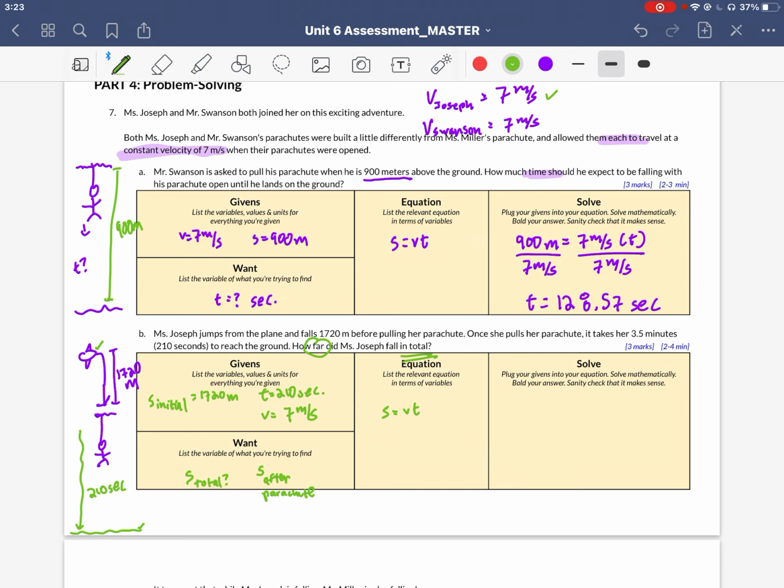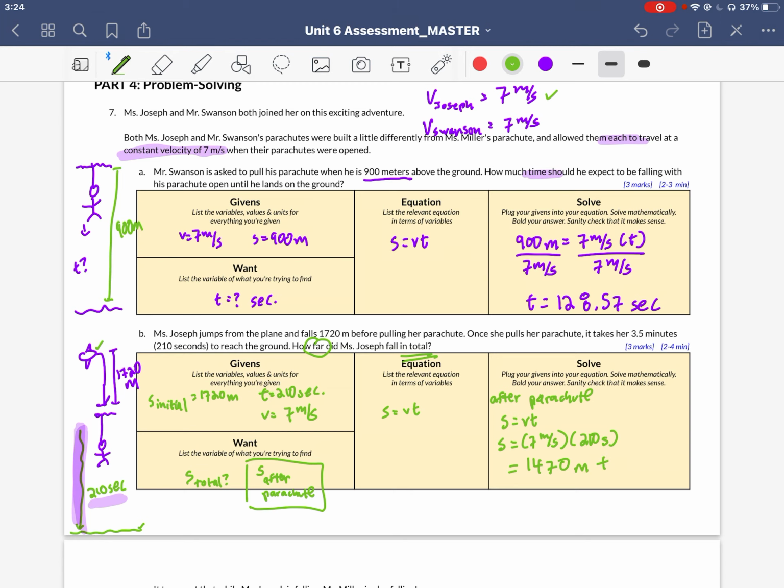All right, S equals VT. That's still what we're working with. So I'm going to solve for only after the parachute. I'm going to find this distance here. So I know it took 210 seconds. I'm trying to find this distance. S equals 7 meters per second times 210 seconds. 7 times 210 gives me 1,470 meters.